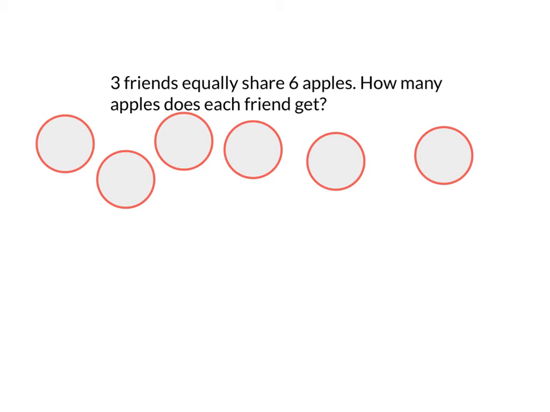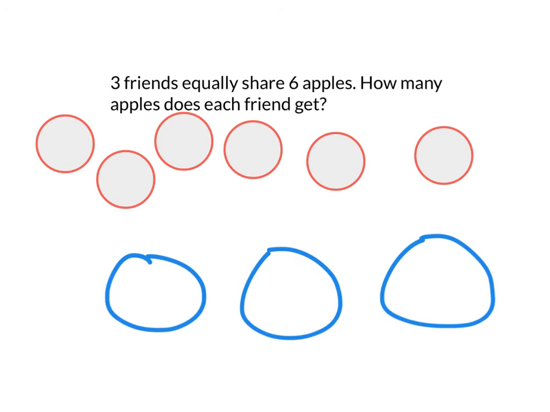Great. And now I'm also going to draw my 3 friends. I'm probably going to draw them bigger. 1, 2, 3. Go ahead and draw this on your piece of paper. When you're ready, we can start distributing.